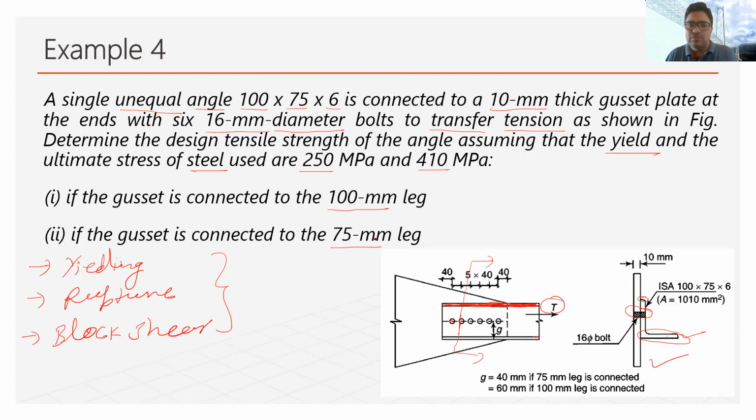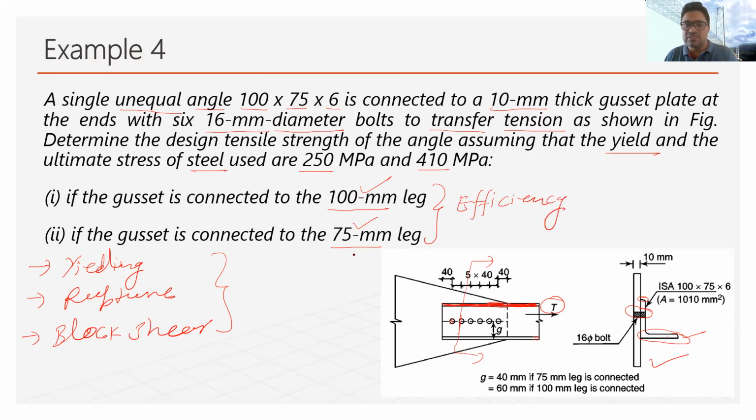And also, as I said, we have to find out which leg we should connect with the gusset, whether we should connect the longer leg or the shorter leg. So how do we decide that? Well, it is being decided by finding the efficiency.